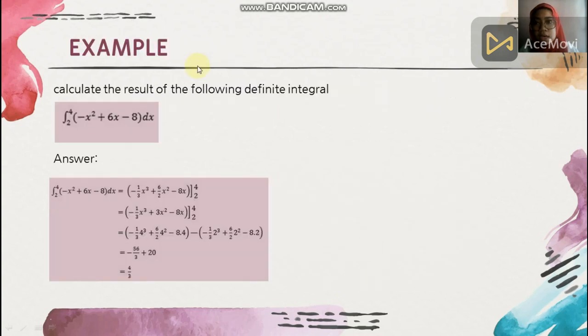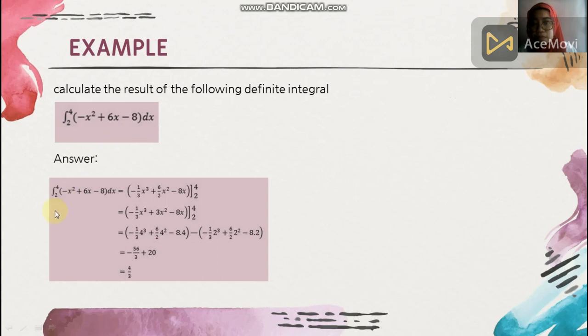Next example. Calculate the result of the following definite integral. The integral from 2 to 4 of (minus x squared plus 6x minus x).